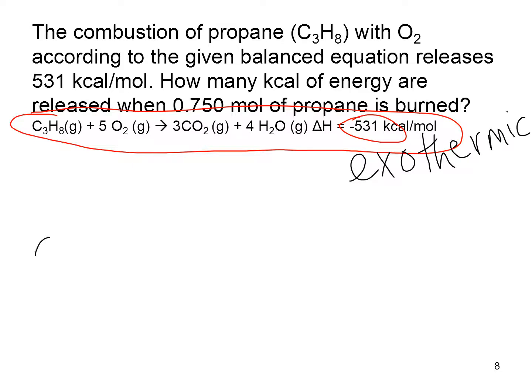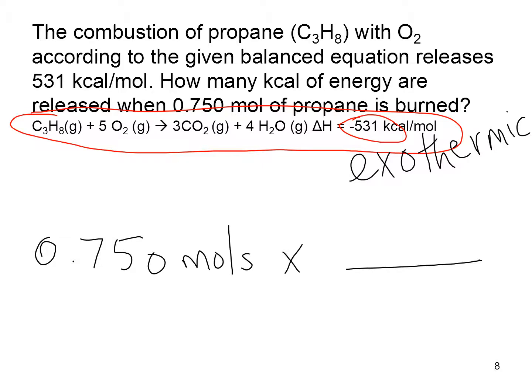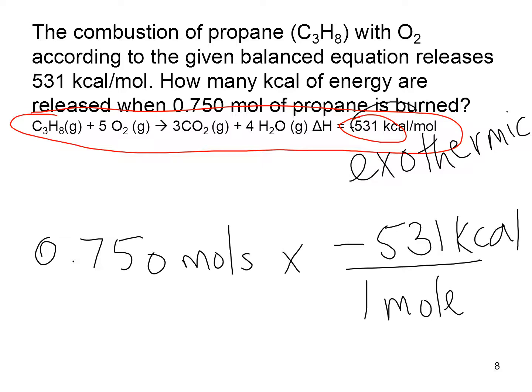Now, they're asking when 0.75 moles is burned, how much energy is released? You know that per mole, you get negative 531 kilocalories. That's coming from this, and I'm using it like, what do I want? I want kilocalories. What do I not want? Moles.